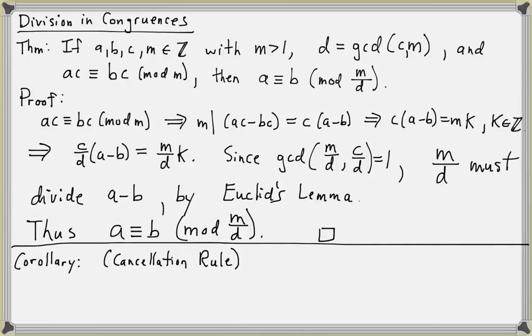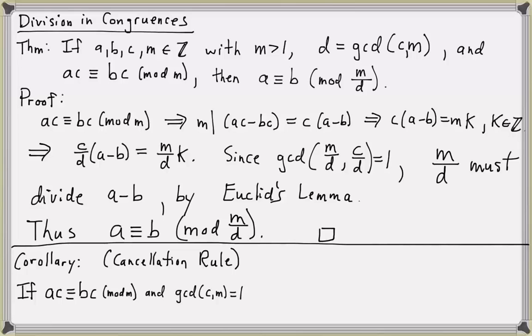By the previous theorem, we can conclude that if ac is congruent to bc mod m, and c is relatively prime to m, so the GCD of c and m is 1, then we can cancel the c from both sides.